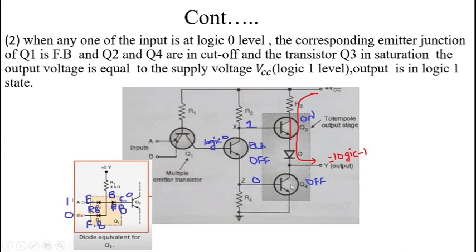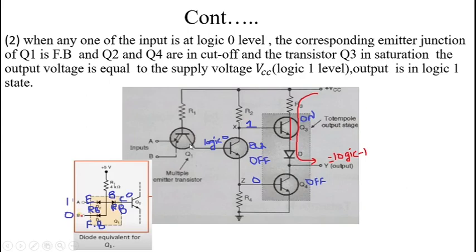At that time, this Q4 transistor input is logic 0, therefore sufficient voltage is not given to the input of this Q4 transistor, and this Q4 transistor is operated in the cutoff region. Clear? And for example, here we consider the A input is 0 and B input is 1. Okay, and we get the output as logic 1.